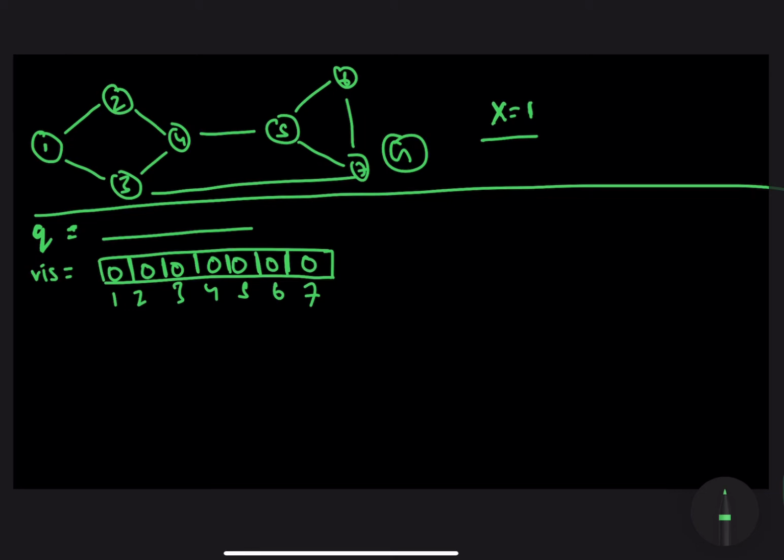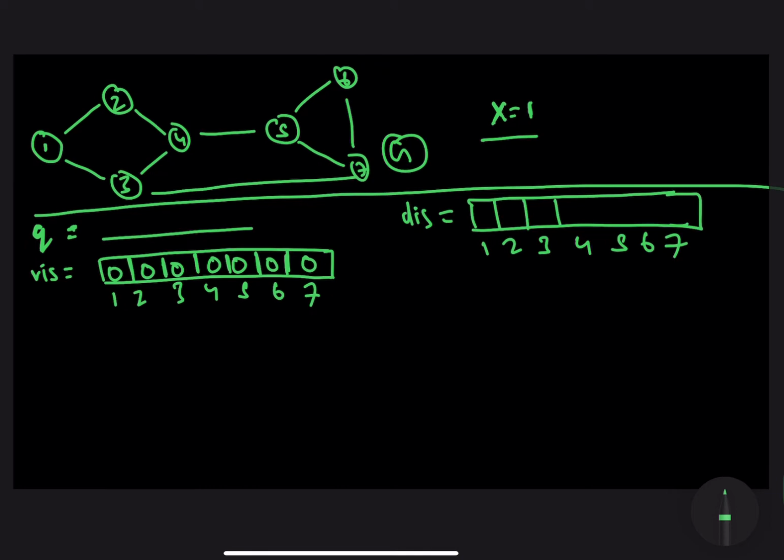Now we would also have a third requirement in this particular use case, that is a distance array. This would help us keep track of the distance of the nodes that have been pushed into the queue. Again this array would be of size 7. So let's initialize this array over here as well.